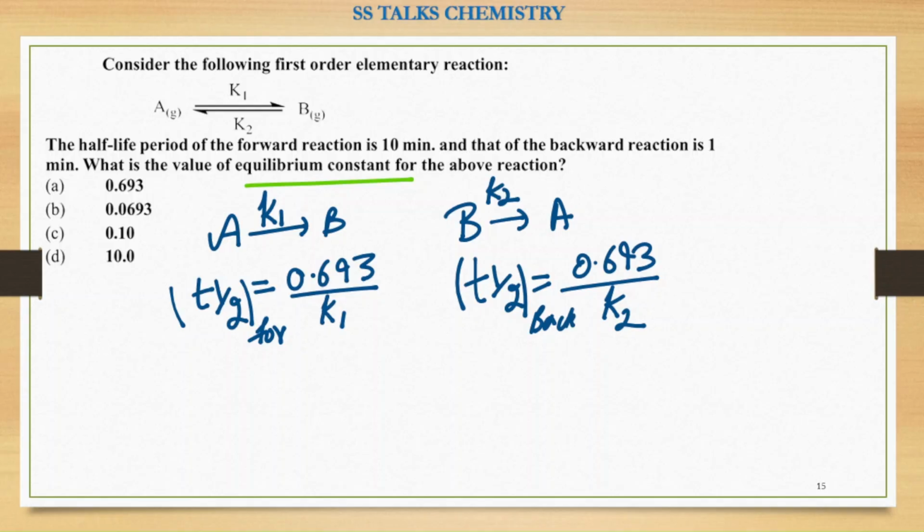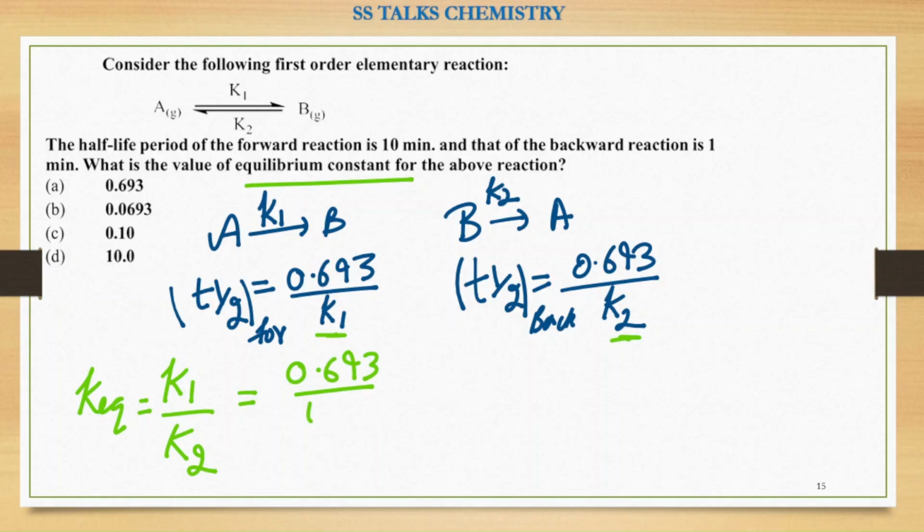We need to find the equilibrium constant, which is defined as the ratio of the rate constant of the forward reaction upon the rate constant of the backward reaction. So we need to find this K1 and this K2 value. K1 you can write as 0.693 upon the t half of the forward reaction, upon K2, which is 0.693 upon the t half of the backward direction.